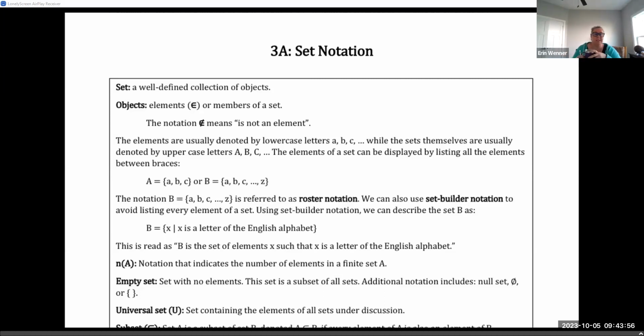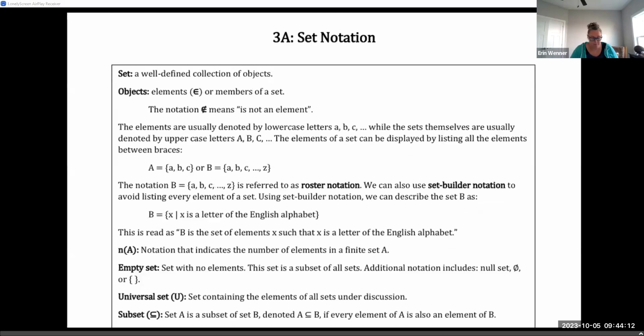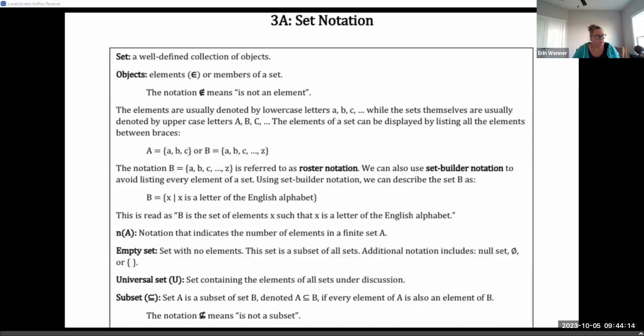In order to be able to discuss probability, we have to be able to discuss sets. And in order to understand sets, we need to understand set notation. So this first box you see here on 3A, it's a lot of information, okay? So I'm going to slowly go through it and pop back up to the information.